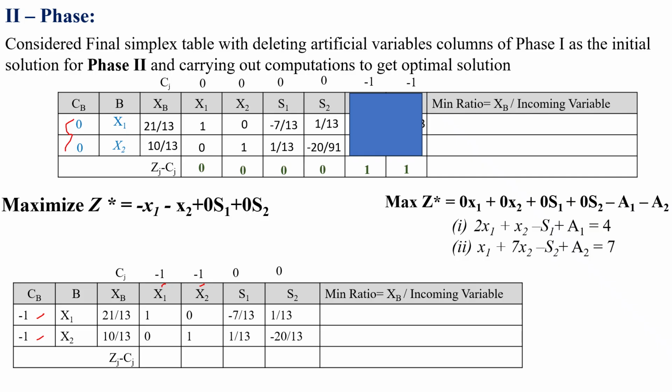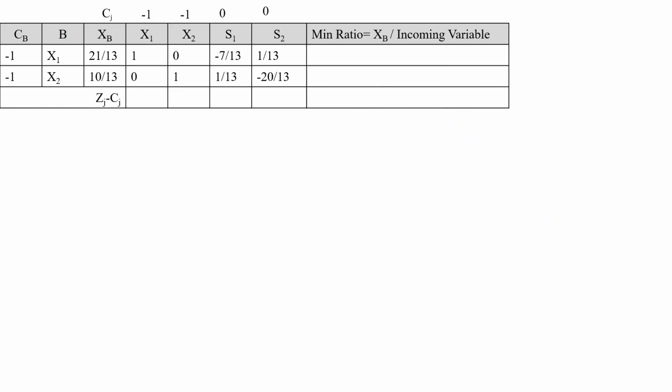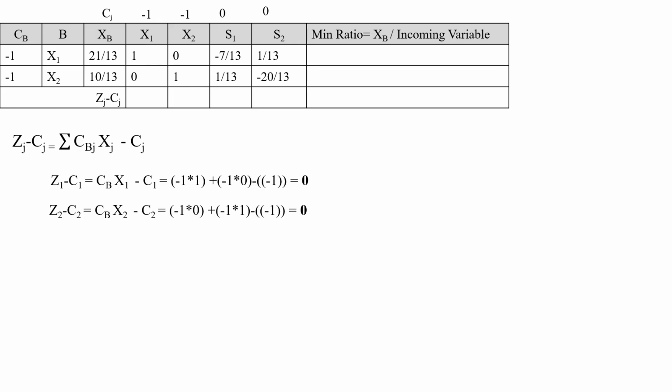So now once again we have to determine the ZJ minus CJ values to get an optimal solution. For the first one, Z1 minus C1 is minus 1 into 1 plus minus 1 into 0 minus of minus 1, it is 0. Next one is minus 1 into 0 plus minus 1 into 1 minus of minus 1, it is also 0.